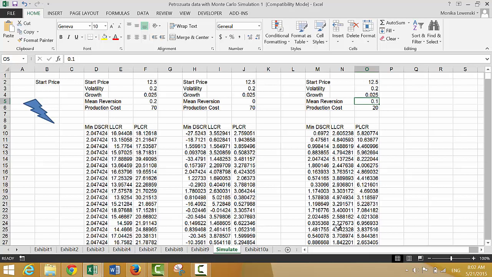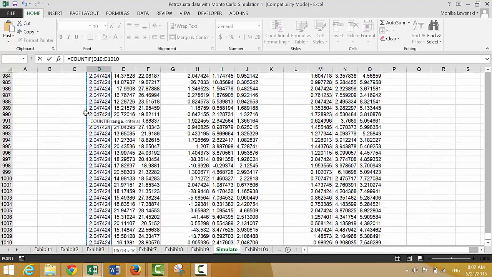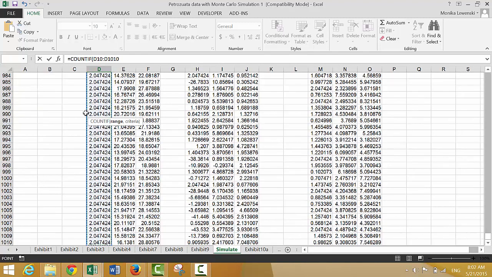So you know what we'll do right now is let's kind of over here put the probability that this is below 1. Okay. All you can do is put equal COUNTIF, and we can click on this one and put a comma and put less than 1, and then finish that.